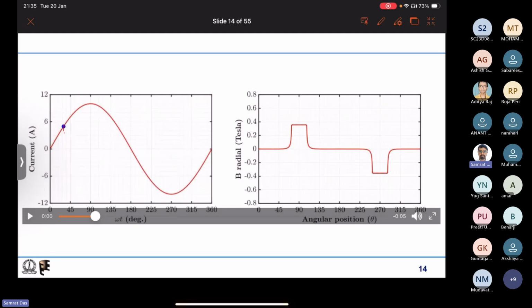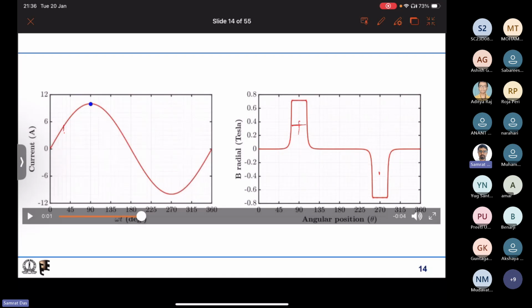So there is some positive current, so because of that, there is some positive flux density at 90 degree, or on the two sides of 90 degree, and there is some negative flux density on the two sides of 270 degree. Now as we go to the next point, that is omega t equal to 60 degree, you can see that flux density value increases because current value also increases.